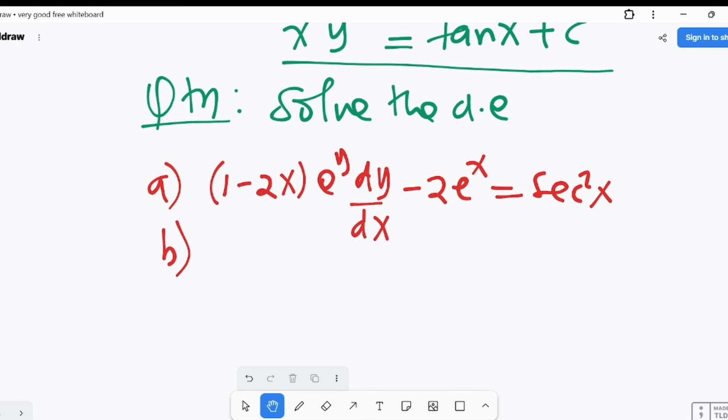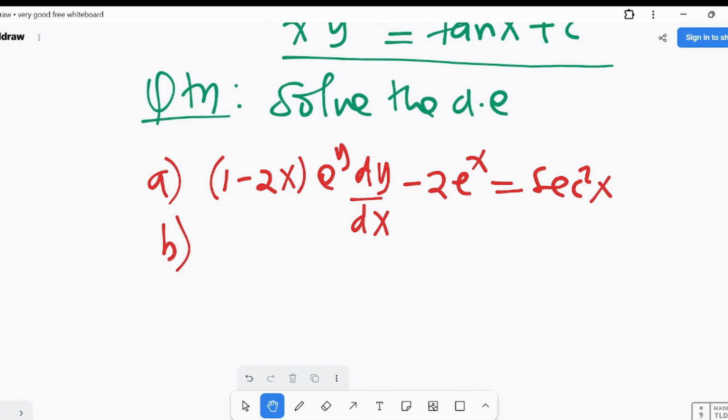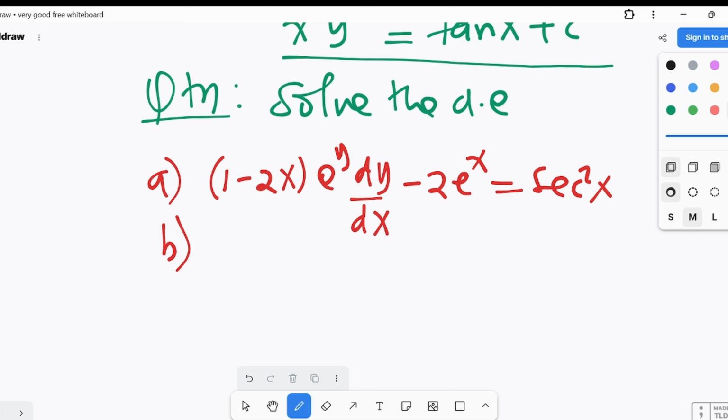Yours, b is 2t e of x, and then plus t square e of x.